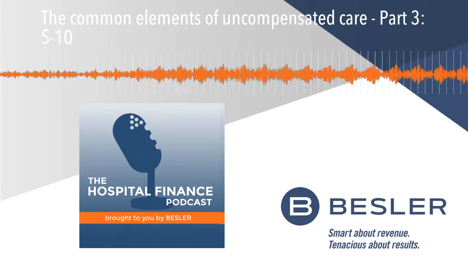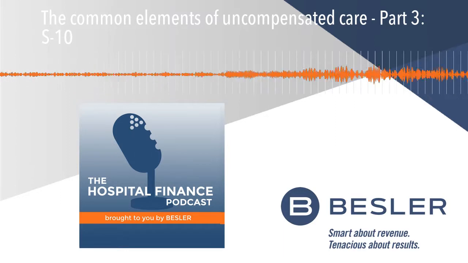The S-10 has taken the 75% of that calculation and is being used to identify the amount of money that each hospital will be entitled to. So the importance of S-10 has really risen in the last 3-4 years.